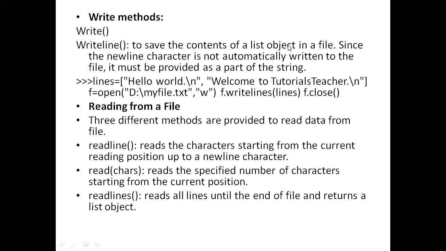The write method is used to write a word, or it may contain one sentence, but that doesn't mean it will be a line. Whatever sentence you provide, it will write, and it doesn't maintain any new lines. Simply, whatever string you provide, it writes into the file.